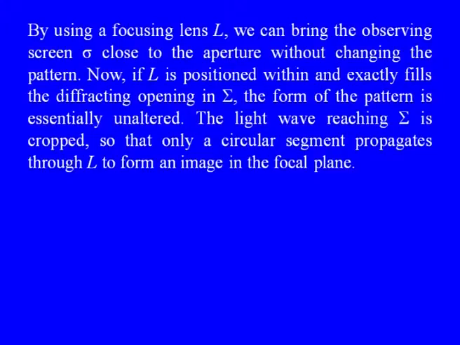The light wave reaching this screen is cropped, means is obstructed, so that only a circular segment propagates through the lens, that is through the aperture, to form an image in the focal plane of the lens.